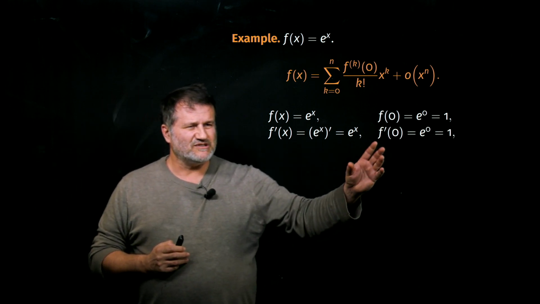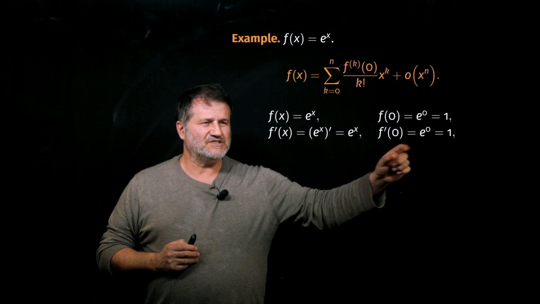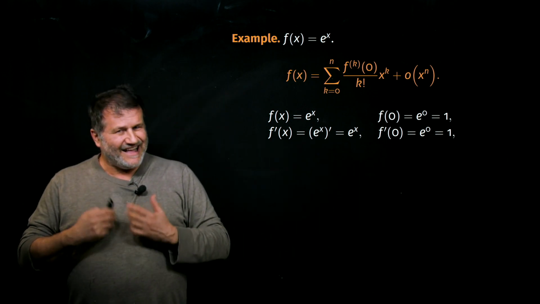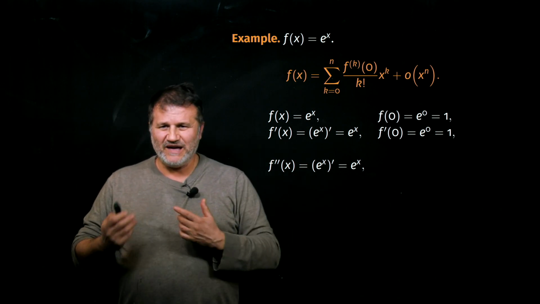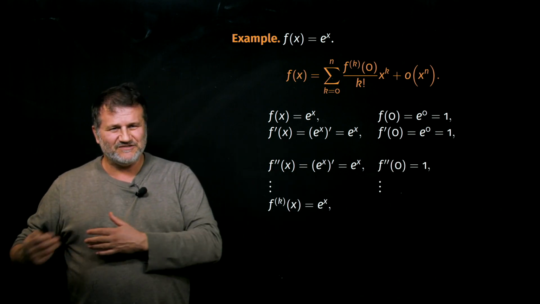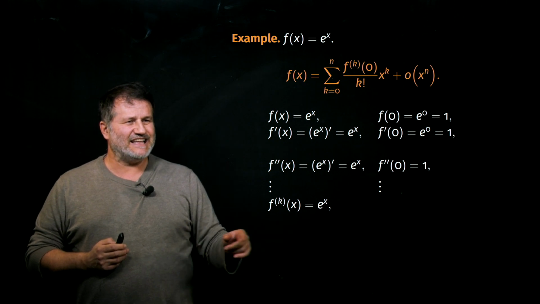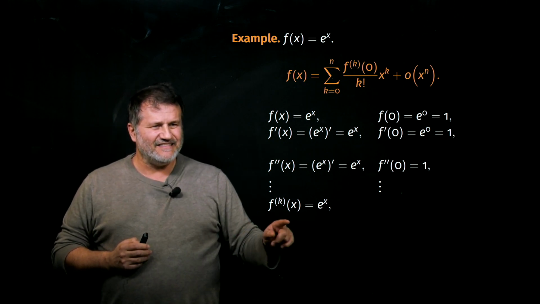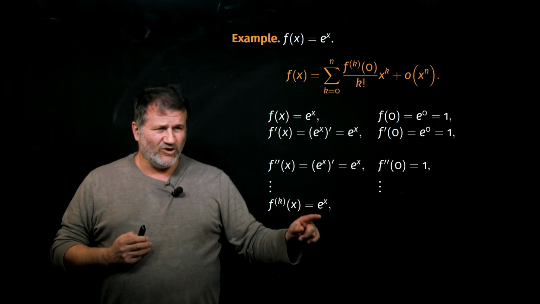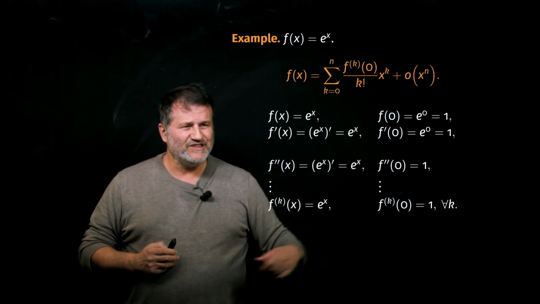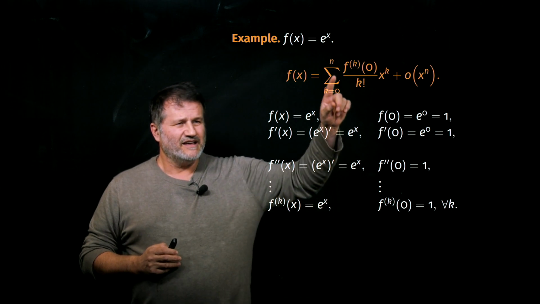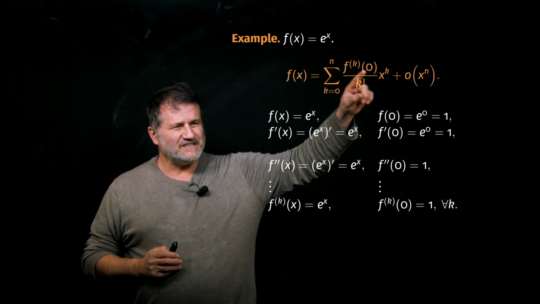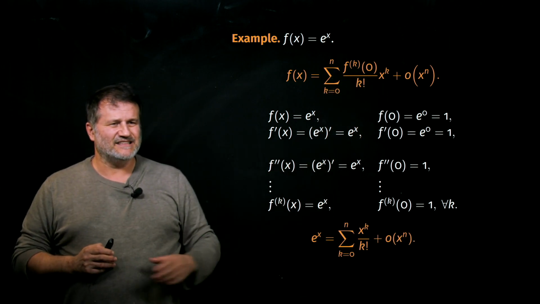And therefore, also the first derivative of f at point 0 will be 1. But then when we differentiate f prime to get f second, we again get e to x. And this happens for all the remaining derivatives. So we may say that for every k, the kth derivative of f is always e to x, and therefore the kth derivative at 0 is always equal to 1. This means that all these numbers are 1, and that's why we get this formula.